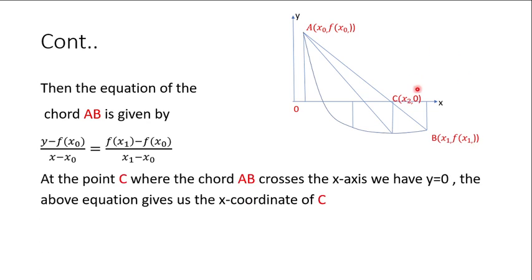At the point C, the coordinates are (x2, 0). On the x-axis the y value is 0, where the chord AB crosses the x-axis, therefore y is 0. The above equation gives us the x coordinate of C.